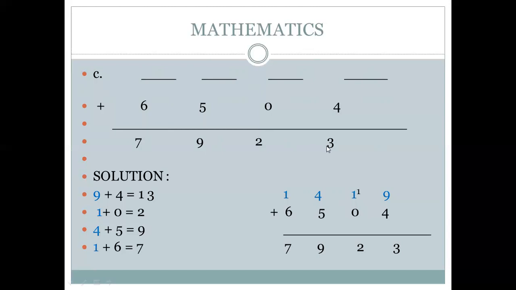In the answer 3 is given, and in the question the first number is 4. So what do we add to 4 to get 3? See, 9 plus 4 is 13. It means we put 13 under 4 and we carry 1 to the other number.